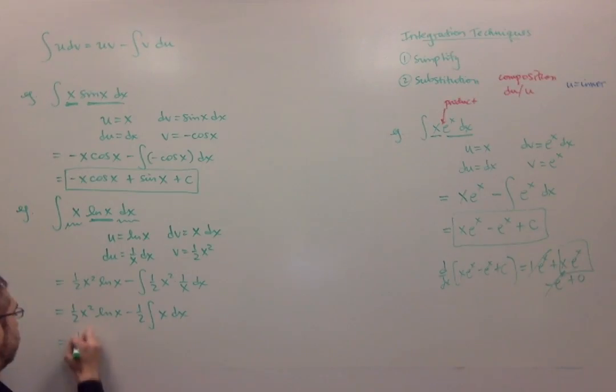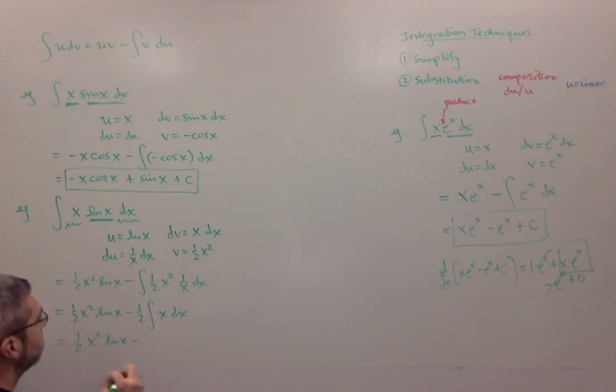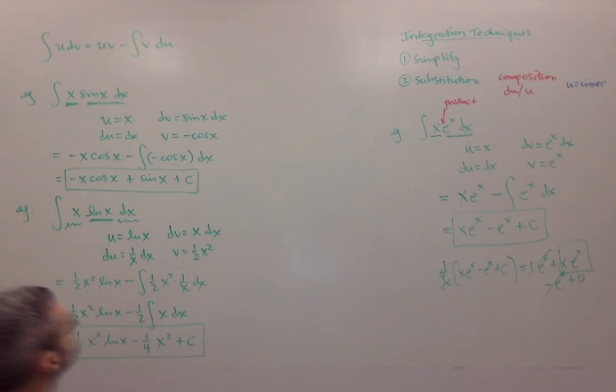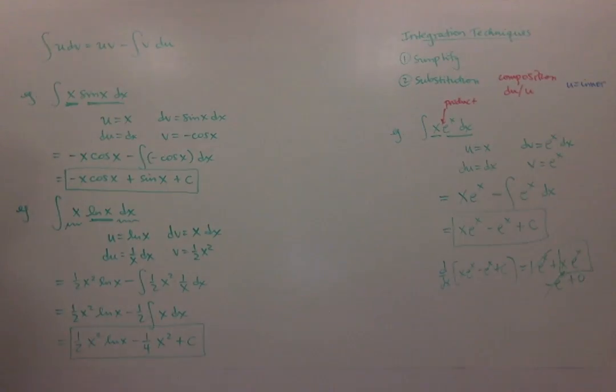So this is just 1/2 x squared natural log x minus the antiderivative of x, which is going to be 1/2 x squared. So that 1/2 and this 1/2 is going to give me 1/4 x squared plus my constant. Okay? Does that make sense?